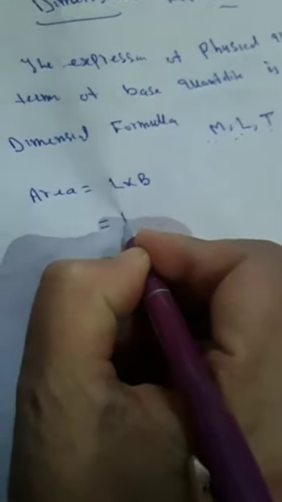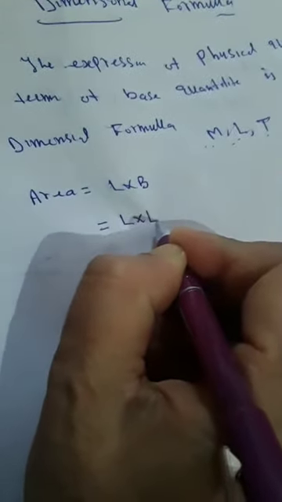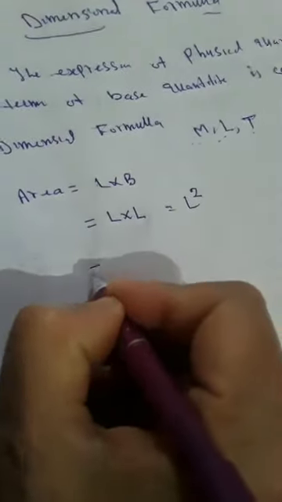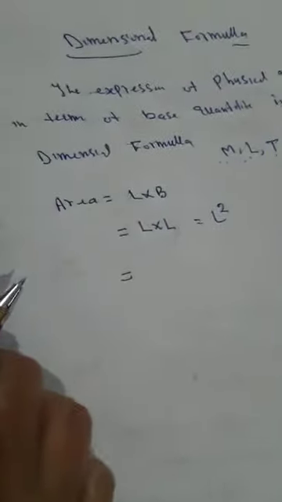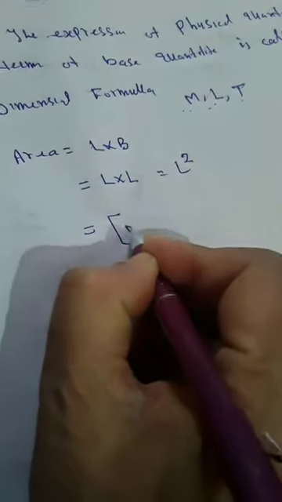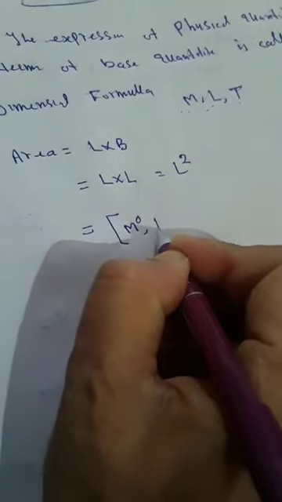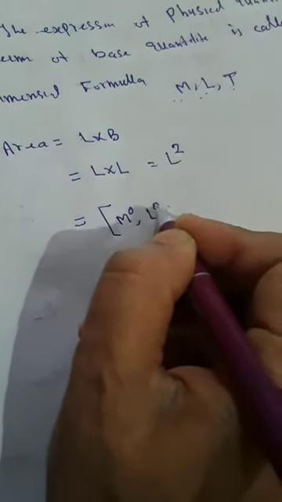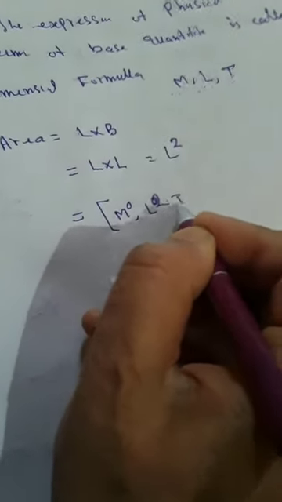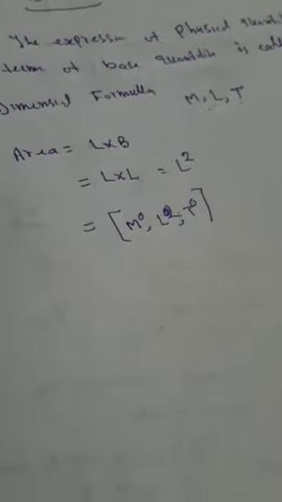Length is L, breadth is also L. It is L square. That means its dimensional formula, when we express this in terms of mass, length, and time, we write in brackets [M0 L2 T0]. It becomes the dimensional formula of area. That means we are expressing the area in terms of base quantities.